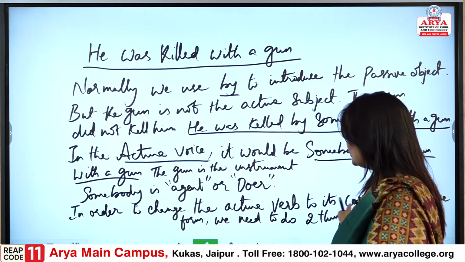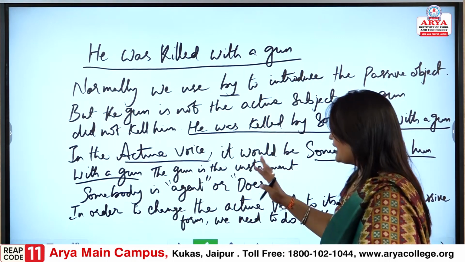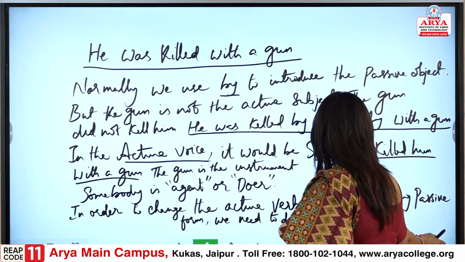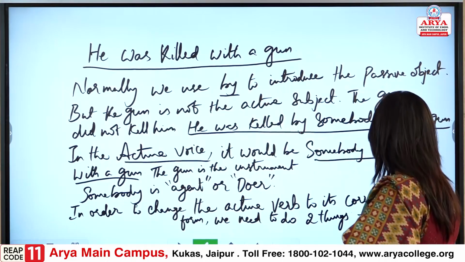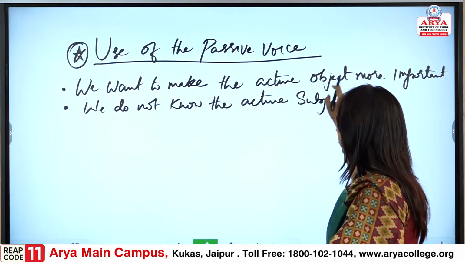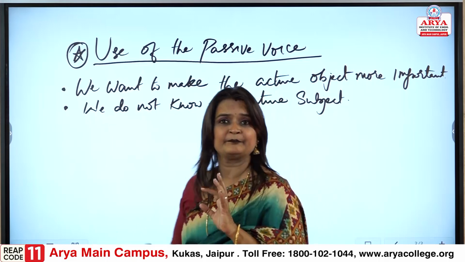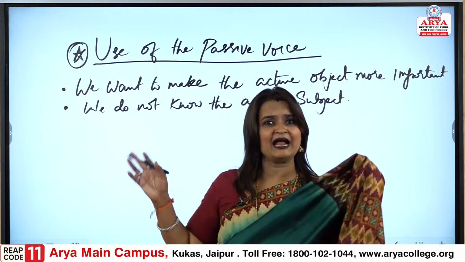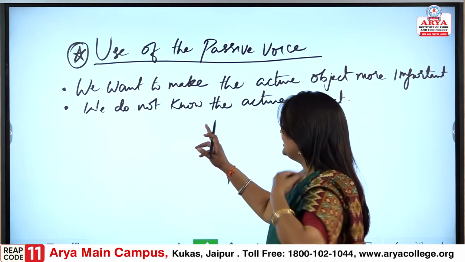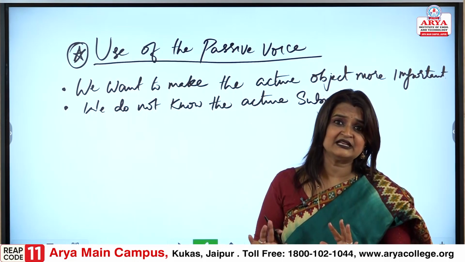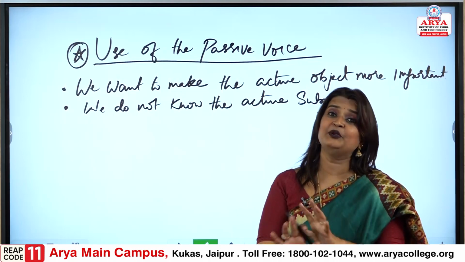We need to do two things, fine. First, for the sentence that is given, we want to make the active object more important. So, we know the active object. We do not know the active subject.